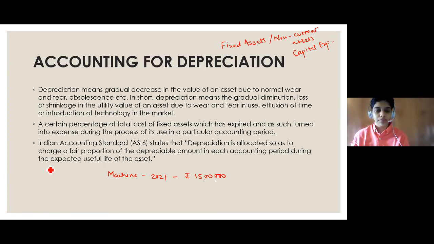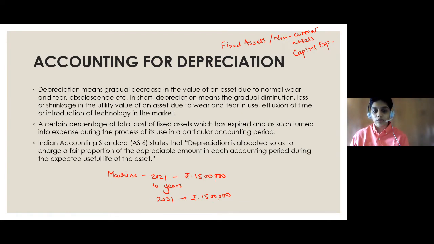Now, if I use this particular machine for 10 years, at the end of those 10 years, that is, say, in the year 2031, if I still show this machine at the same value, that is rupees 15 lakhs, will it be fair to show it at this value? Will it be okay to keep it at the same value for 10 years?